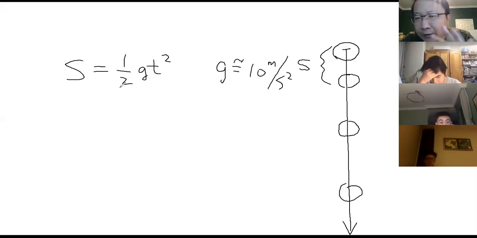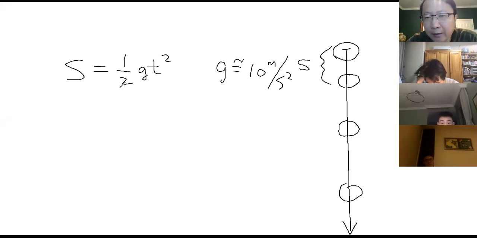If you don't fully understand why right now, it's not important, because I just use this example. I will come back with more explanation later about Newton's laws and the physics. So anyway, g is about 10 meters per second squared. The real number should be about 9.8, but let's use 10 for simplicity.